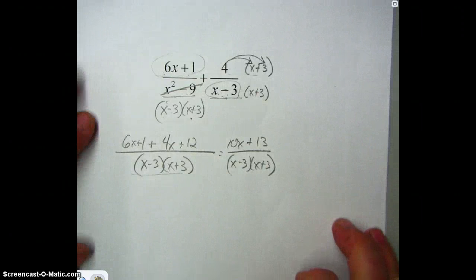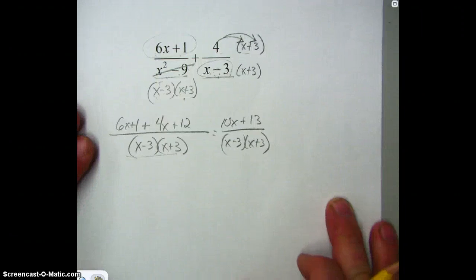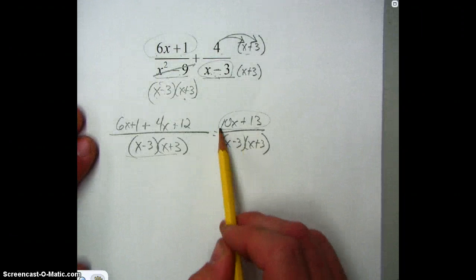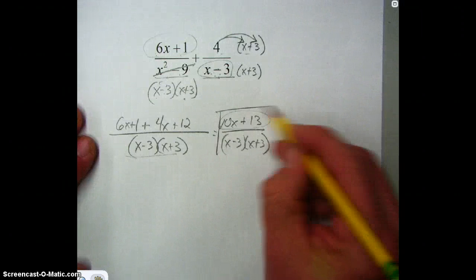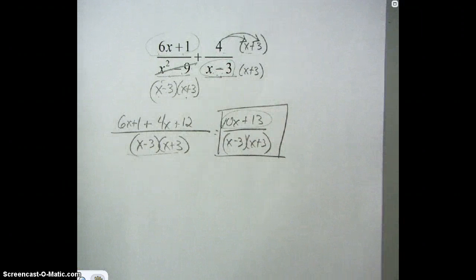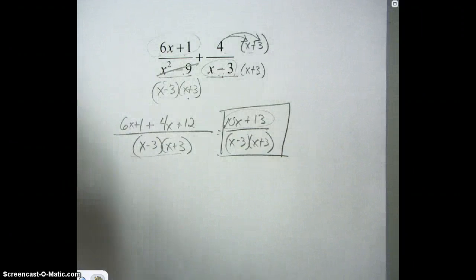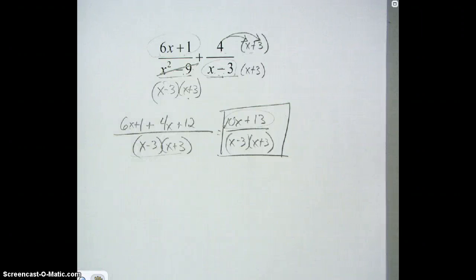So we added those two fractions. Now we have to simplify. In order to do that, you have to factor completely, but the top is not factorable, so we are done. And there you go. That finishes the series on adding and subtracting rational expressions.